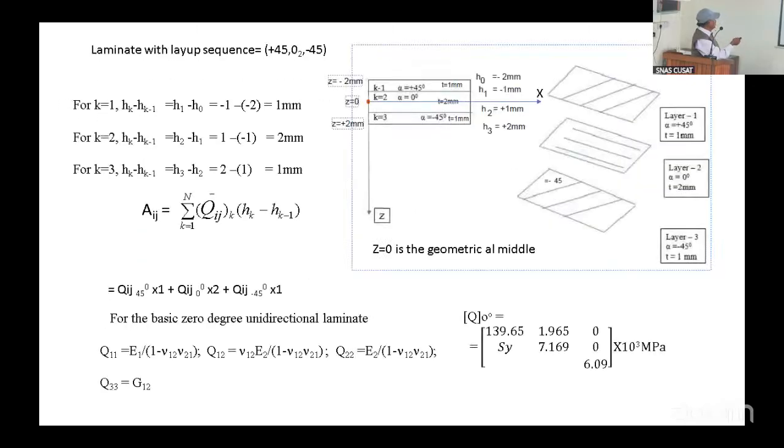So what will happen? You substitute it. You will get H naught is equal to -2 because this is the middle surface, the geometrical middle surface. Top minus bottom: -2 plus 2, total 4 mm thickness. Each layer is 1 mm. 0.2 means 2 mm.